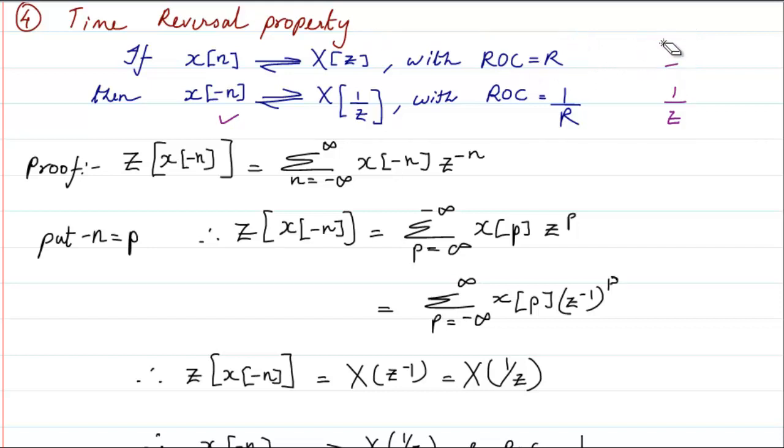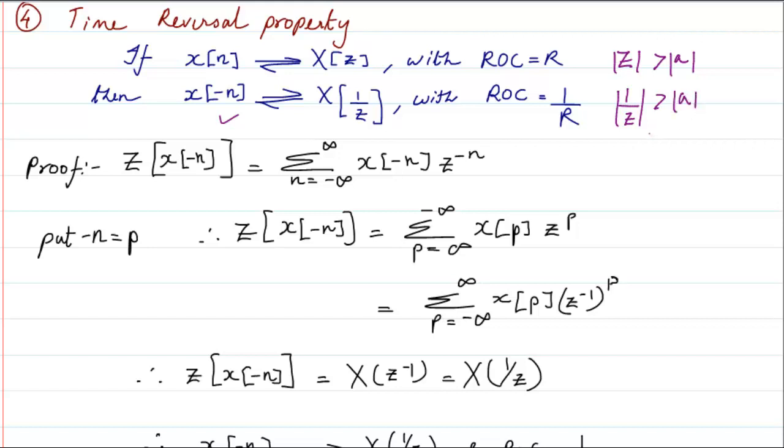So it means, if you had the previous ROC, let's say magnitude of z greater than a, as you got in the previous case, then the new ROC will be 1 by magnitude of z greater than a.